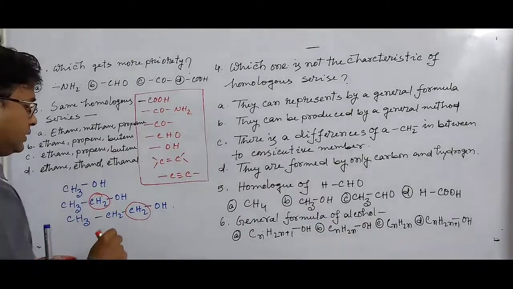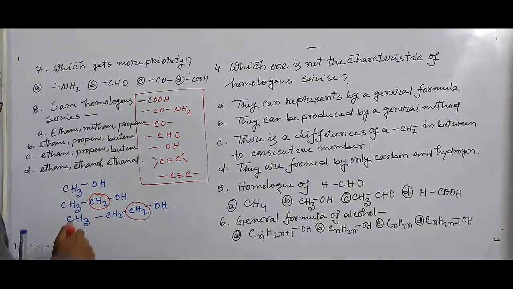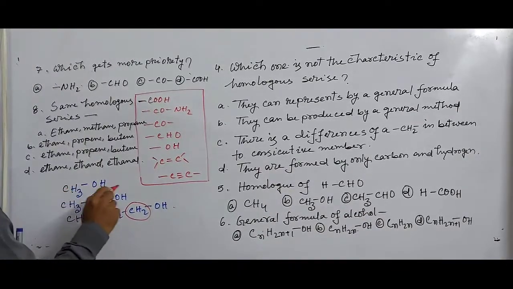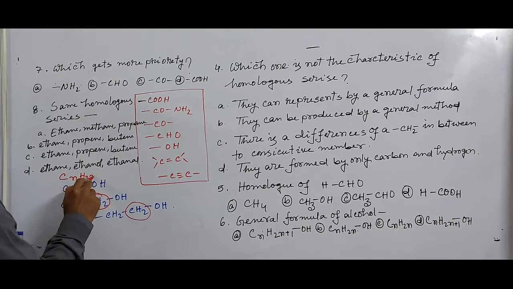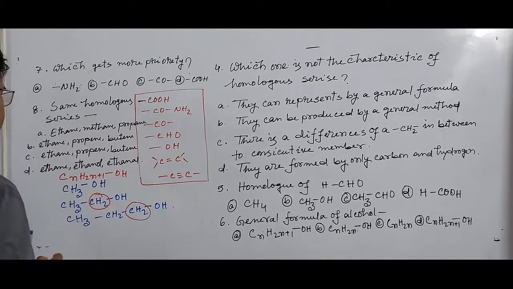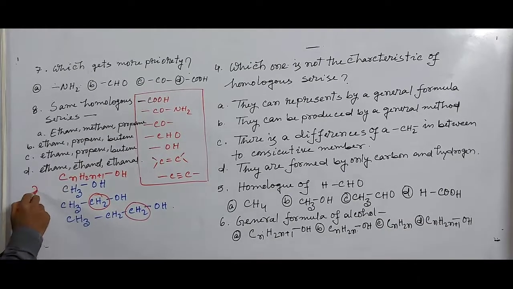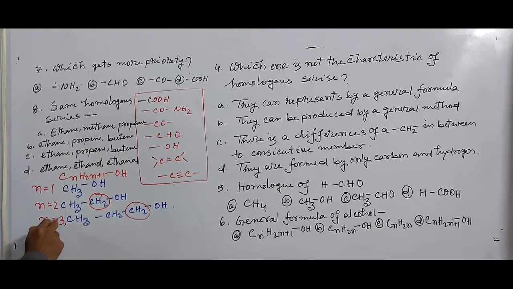So this is also one of the characteristics of homologous series, and the alcohol can be represented by a general formula, and that is CnH2n+1OH. If I put the value of n equal to 1, I will get methanol, n equal to 2, I will get ethanol, and n equal to 3, then I will get propanol.